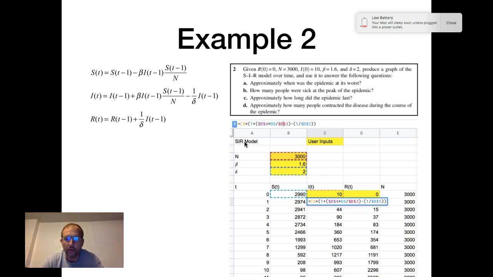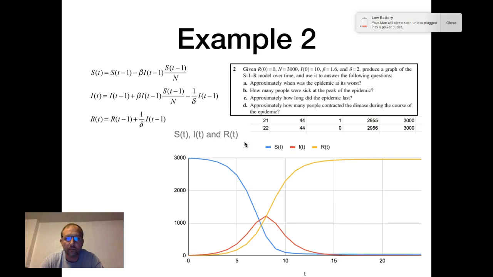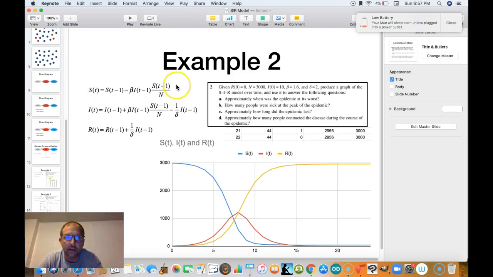When I input those into the spreadsheet, approximately when was the epidemic at its worst? I'm going to go back to the actual spreadsheet so we can see this.